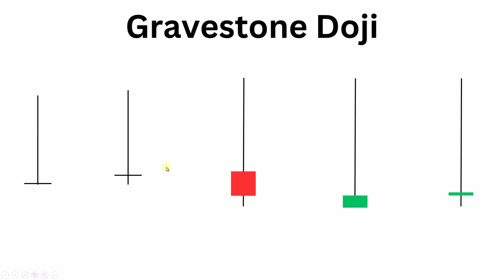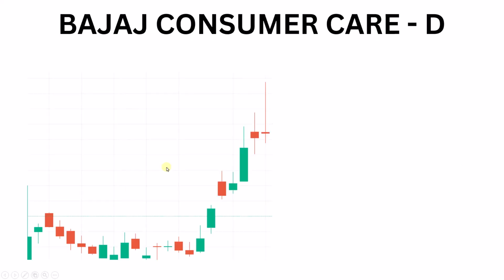Let me show you a chart. You have an uptrend, and at the top you have a gravestone doji. You have a very long wick and a very small body.